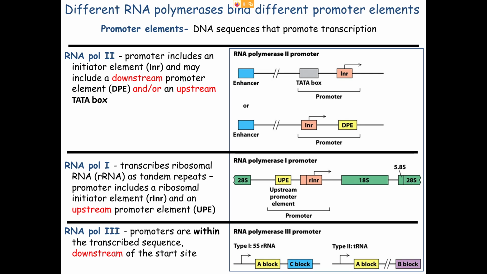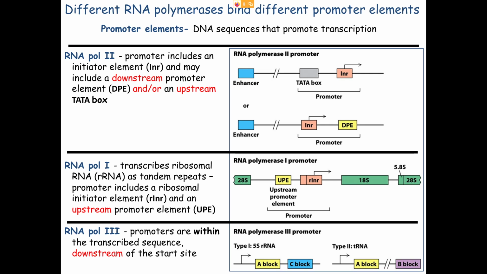RNA polymerase 3, a little more recent evolutionarily, has a new method, everything downstream of it. And then the most recent evolutionarily, at the top, RNA polymerase type 2 says, I'll take the best of both worlds. Sometimes I'll use things upstream, sometimes I'll use things downstream, and sometimes I'll use both. So it's the most recent and takes advantage of all those opportunities.